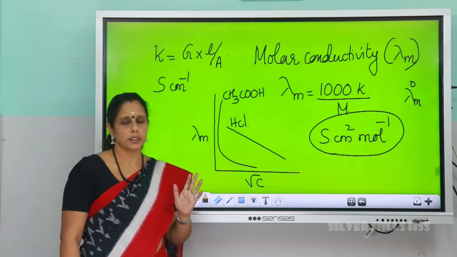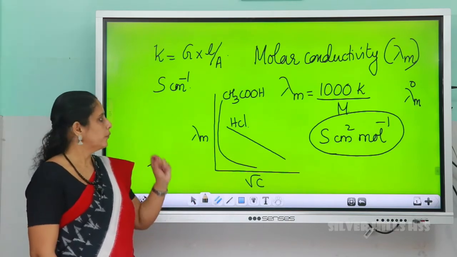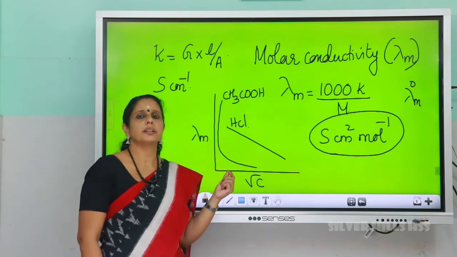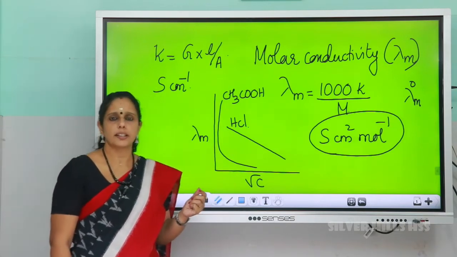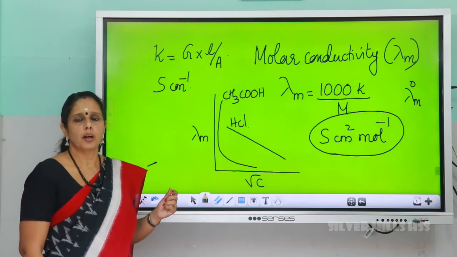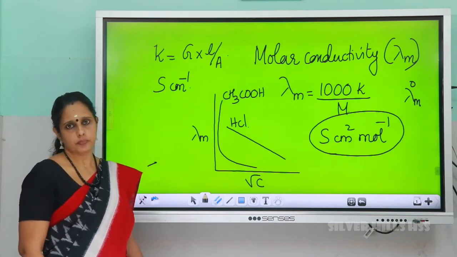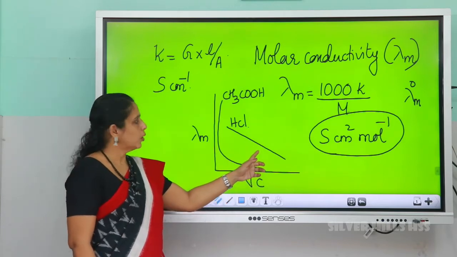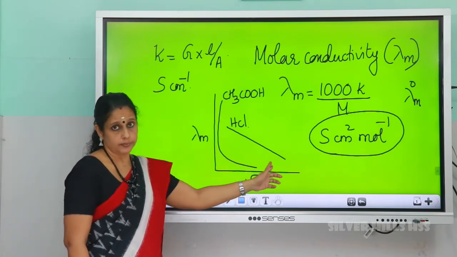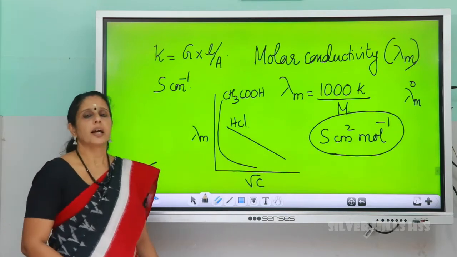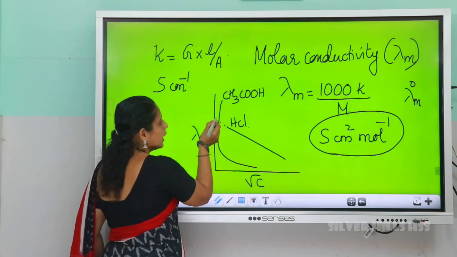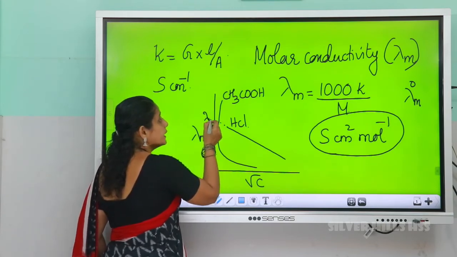It is a hypothetical condition, and when the concentration approaches 0, the molar conductivity at that concentration is known as limiting molar conductivity. The limiting molar conductivity of a strong electrolyte like HCl can be calculated by extending the graph and meeting the y-axis.